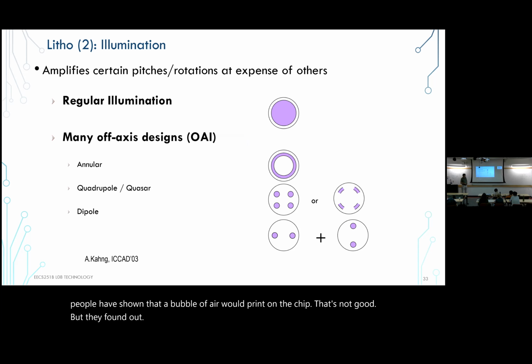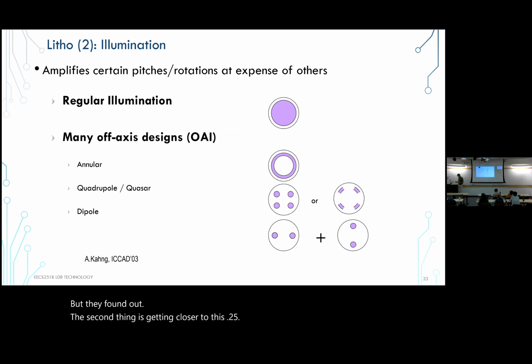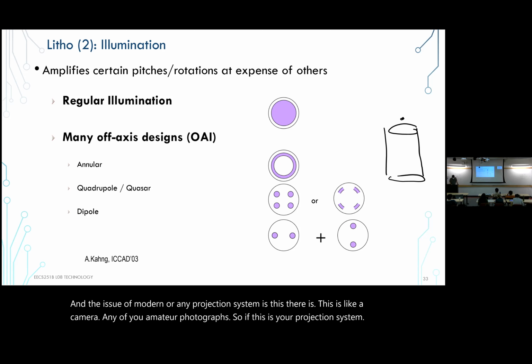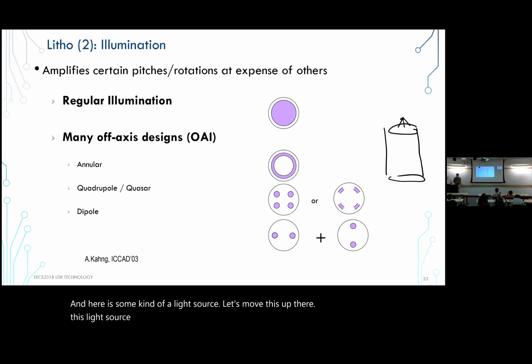The second thing is getting closer to this 0.25. The issue of any modern projection system is this. It's like a camera, for any of you amateur photographers. So if this is your projection system, and here is some kind of light source, this light source has an opportunity to shine light in every direction. As it goes through your lens, you can choose to go directly or bounce off the sides.